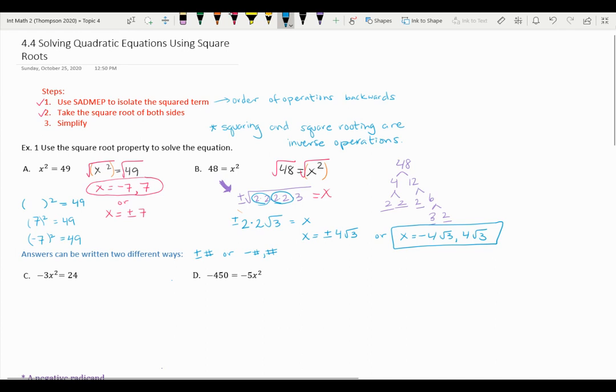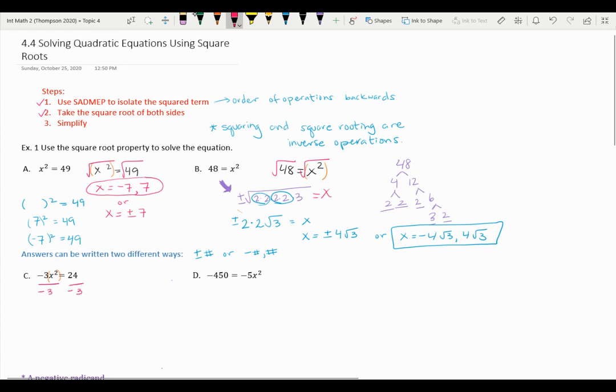All right, C, same directions. Step 1, isolate the squared term. So this is x squared. The square is only acting on the x. Isolating it means I have to get rid of the negative 3. Well, that's negative 3 times x squared. So how do I move the negative 3? Because it's multiplied by the x squared, I need to divide by it.